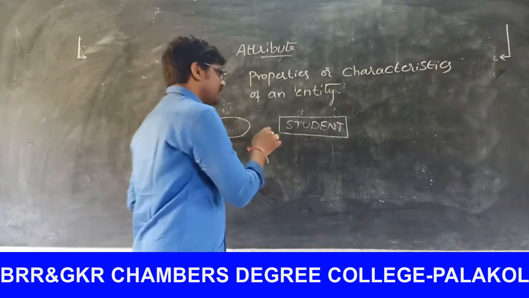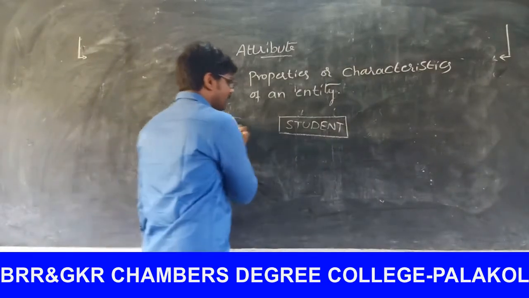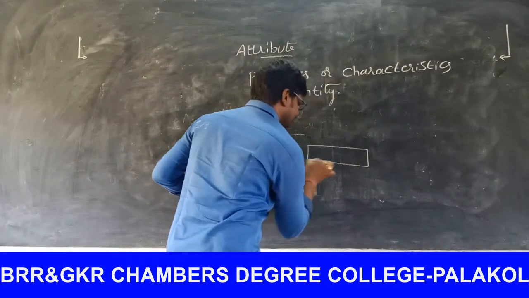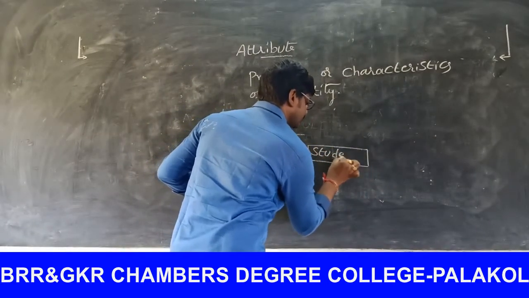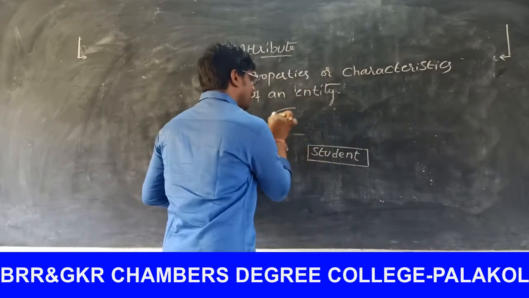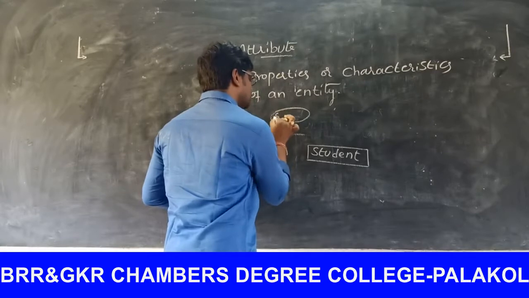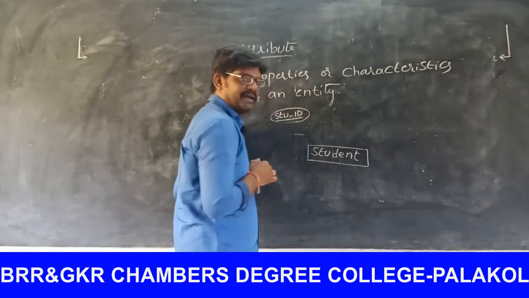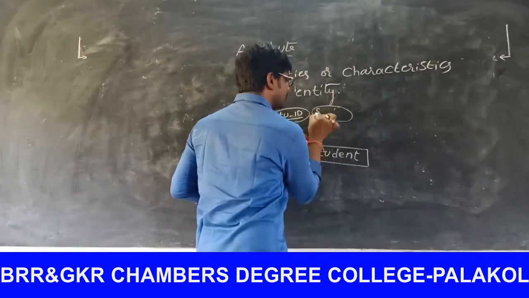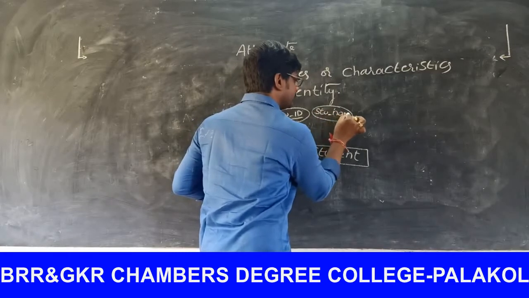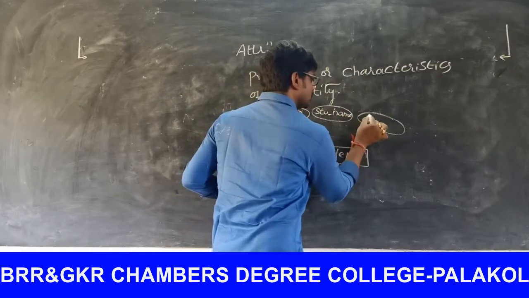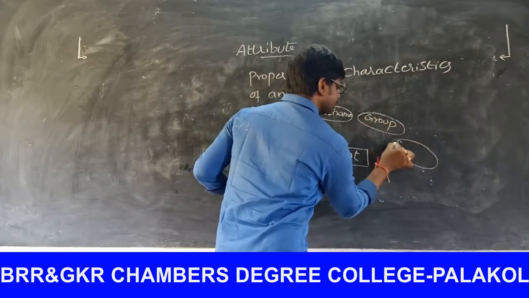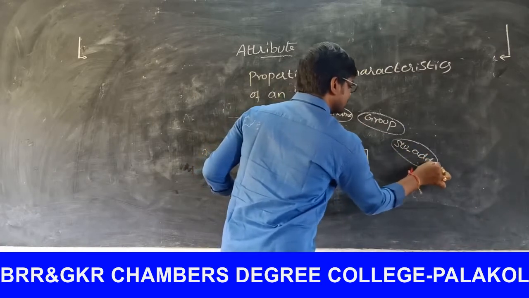For example, I am taking the student entity and writing some attributes: student ID, which is the key element, student name, group, student address.